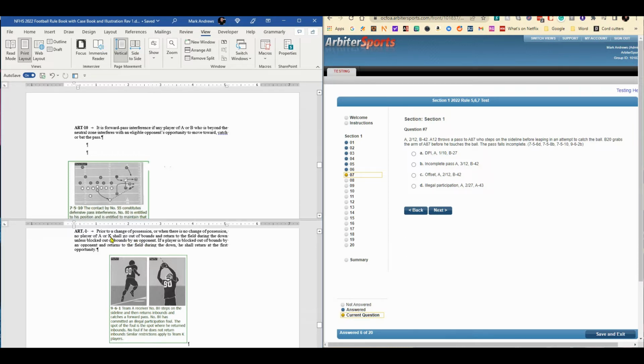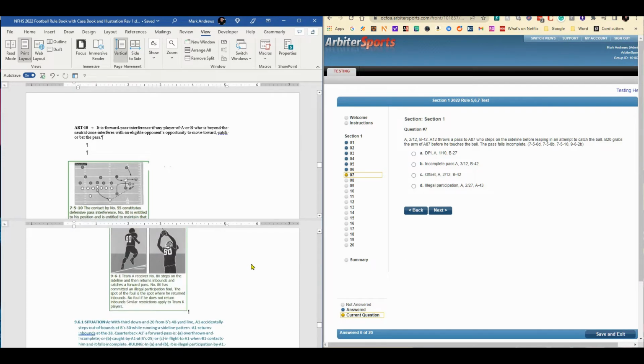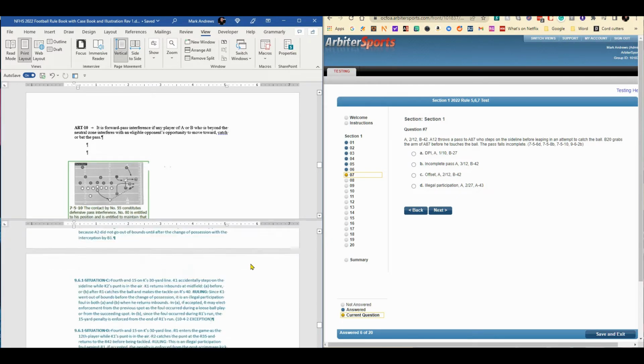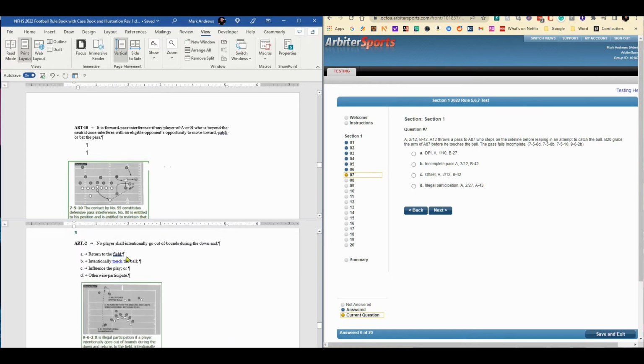It just simply says no A or K player can go out of bounds, period, unless he's blocked out of bounds. And then when we go down to Article 2, it says no player. So this applies to both A and B, or R and K. No player shall intentionally go out of bounds during the down and return to the field, intentionally touch the ball, influence the play, or otherwise participate.